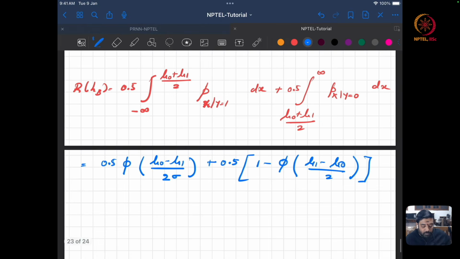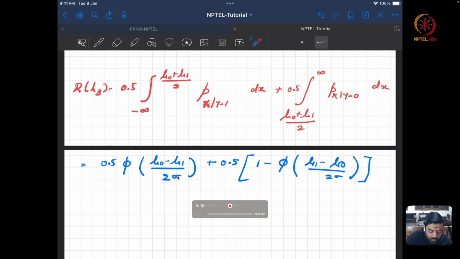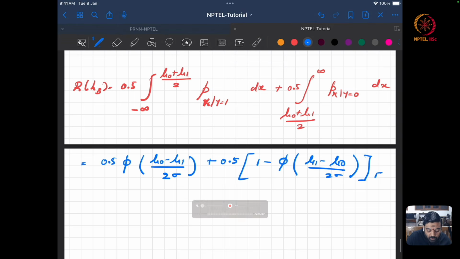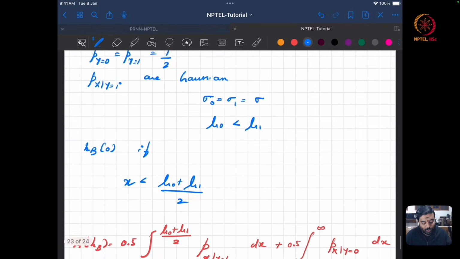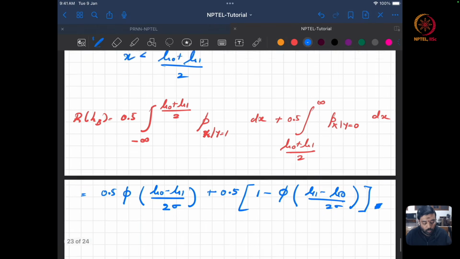This will be the error. Oh sorry, there is a 2 sigma here. Okay. Now if you explicitly have the values of mu naught, mu 1 and sigma, we can actually get the risk that is incurred. This is just to show that these things are doable.